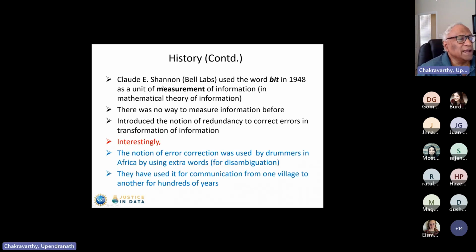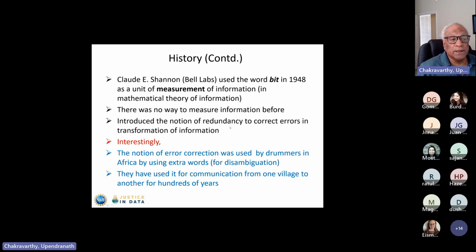So Shannon was the first one to introduce the word bit in 1948 as a unit of measurement of information. So bit is taken for granted today. You have 32 bits in a computer, in what we use, 64-bit computers. There was no way to measure information before.